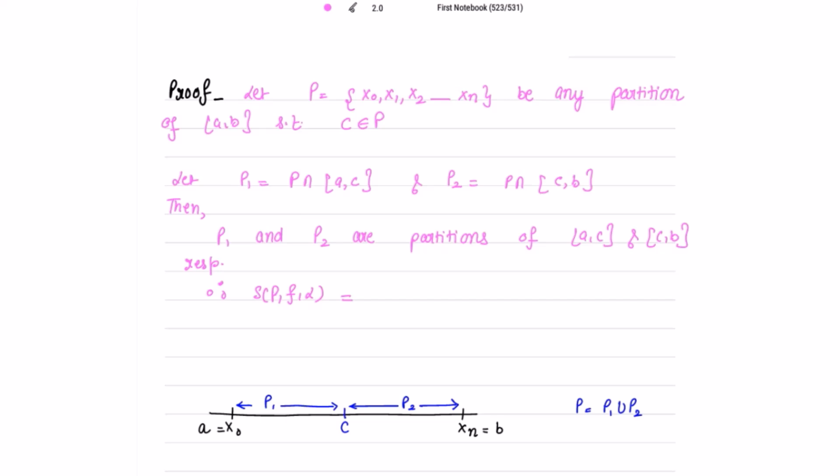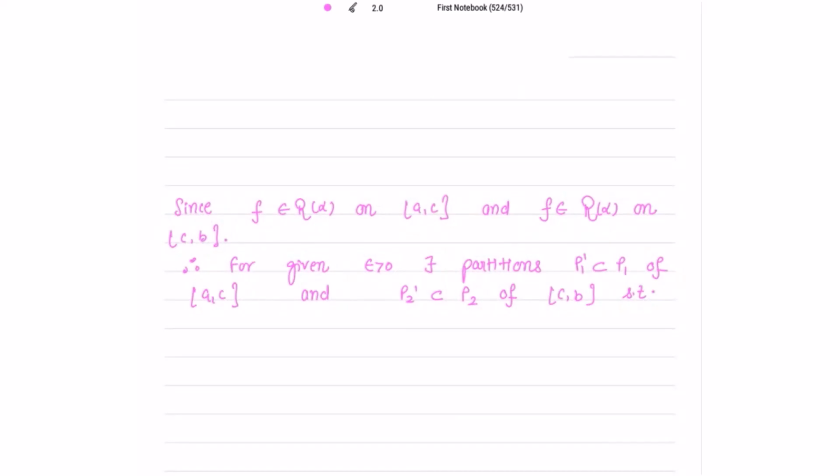Now starting with the summation part, taking S(P, f, α), which is equal to the summation over the closed interval [a, b] of f(ti) Δαi, where ti belongs to [xi−1, xi]. Why have I taken the closed interval [a, b] here? Because I need to split the interval into two.